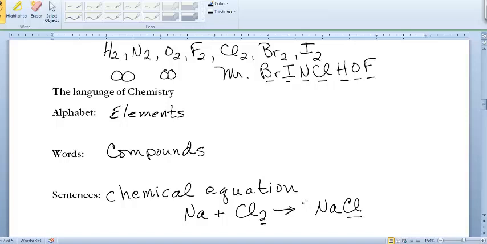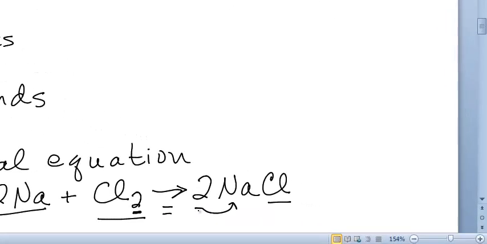So since I want to keep sodium chloride as the product, I put a 2 there, and I'll need 2 sodiums. That gives me 2 sodiums here, 2 chlorines there, and the arrow can be treated like an equal sign. I have 2 sodiums and 2 chlorines because the 2 distributes to both. And that's our introduction in Chapter 2.